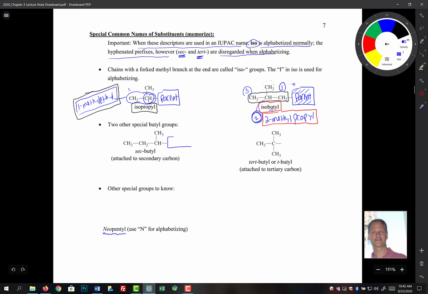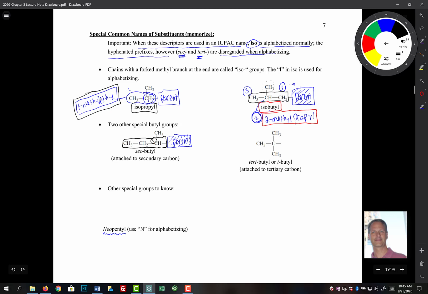Again, let's just make a point. Here is our parent, right? So this is a sec-butyl, and finding the longest carbon chain here, coming down just like so. And again, that's our carbon number 1 right there.